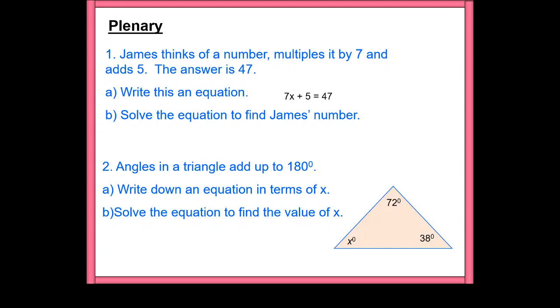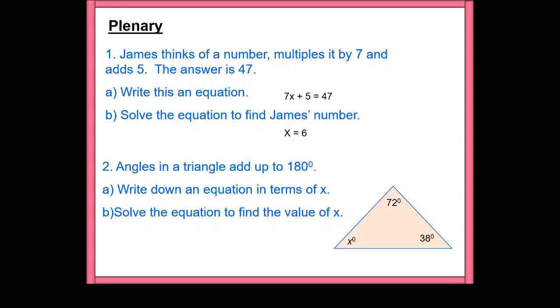So we should have 7x plus 5 equals 47. Now we need to solve the equation to find James's number. So again, using the function machine method, have a go with that. Okay, so the solution for that one then, x would equal 6.